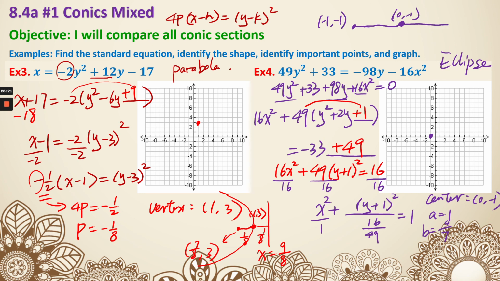And to the right is going to be 1, negative 1. And then if I move up by 4/7, that is going to give me 0, negative 3/7. And move to the bottom by 4/7, that is going to give me 0, negative 11/7. And there I actually have my whole ellipse.